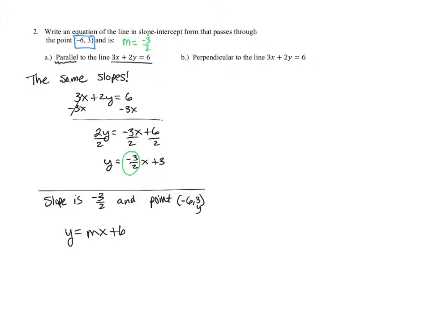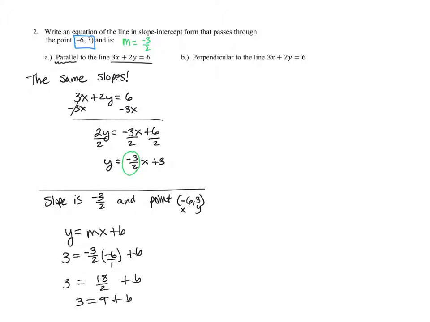So here's our y value, here's an x value, so we get 3 equals, the slope is negative 3 halves times x, which is negative 6, plus b. Okay, and just multiply your fractions there, so you'd get positive 18 over 2, which is just 9.